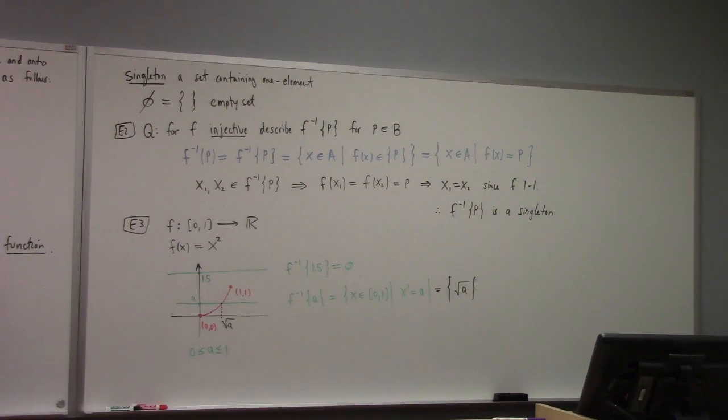Here it is: f inverse of y is equal to x if and only if f of x is equal to y, for each y in B and x in A, something like that.